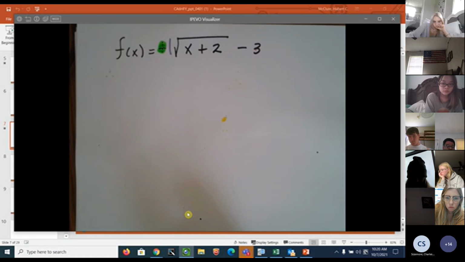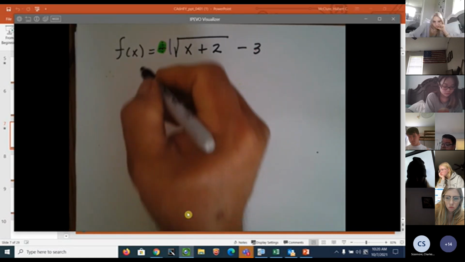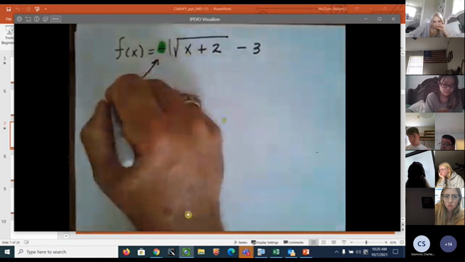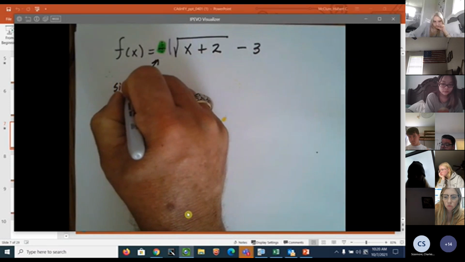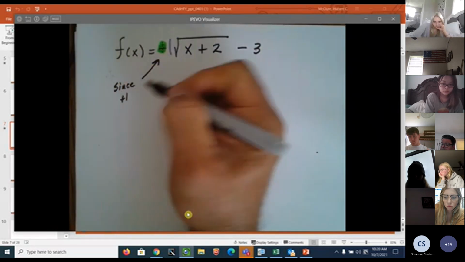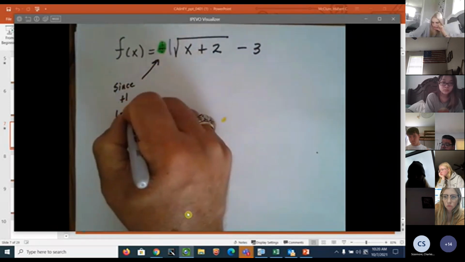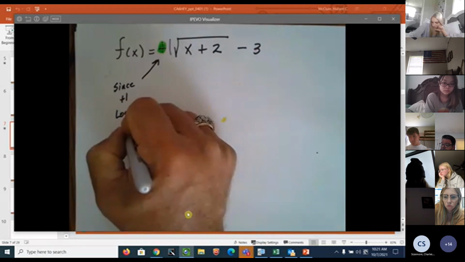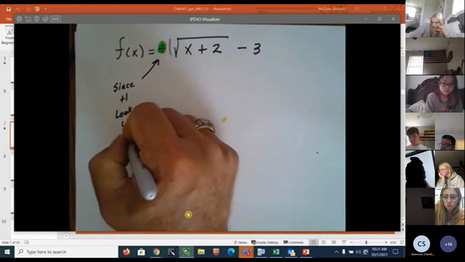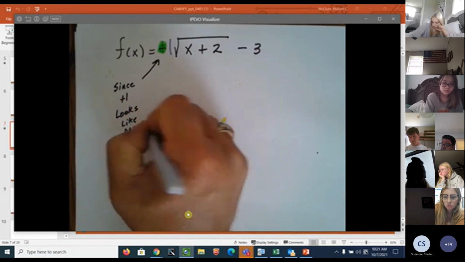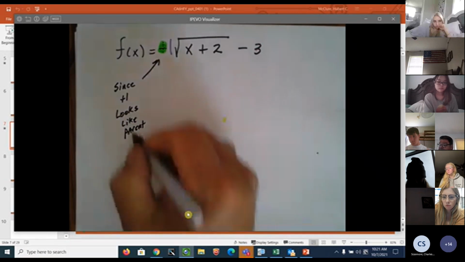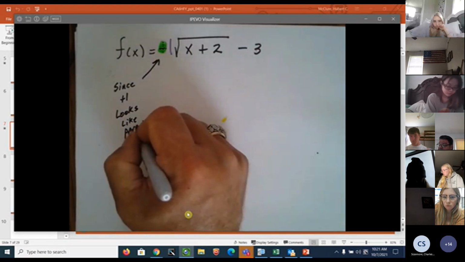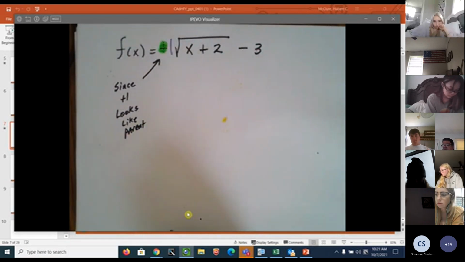So I'm just going to draw a line here. Since +1 looks like the parent graph as far as the orientation, it looks like the parent graph.